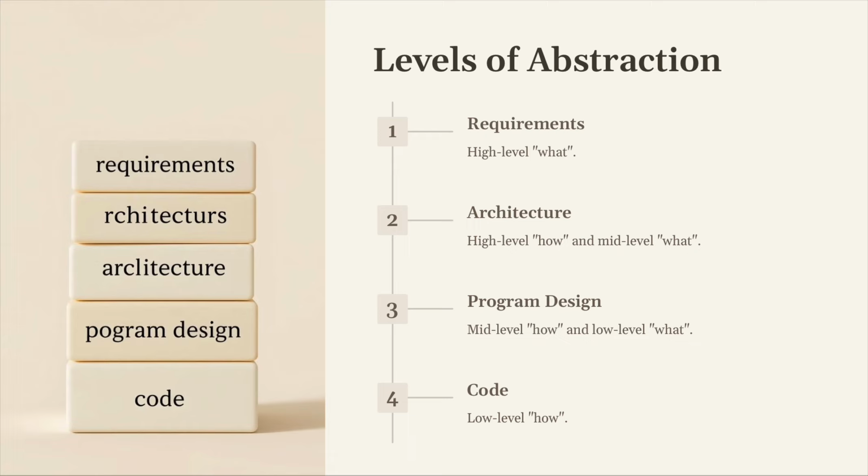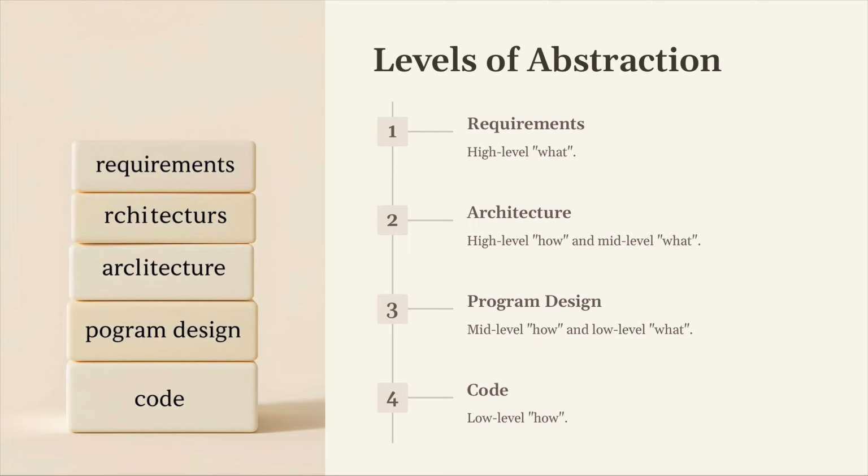Understanding architecture requires thinking at different levels of abstraction. First one is requirements. The highest level answers what the system should do. Architecture. This level bridges the gap between what and how, defining the system's structure.